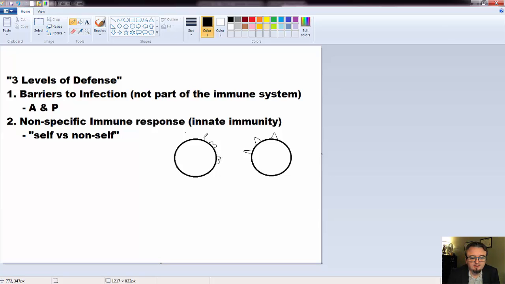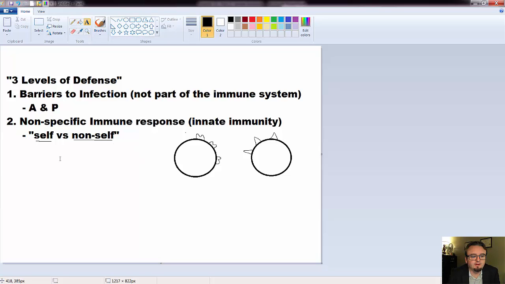Okay, and so the idea is that each different cell will have a slightly different receptor, or a series of them really. They're not actually a receptor, we call it a cell identifying marker, or an ID tag. But every cell has its own unique one, and the body will determine its own from that of foreign or non-self entities. And in this general sense, the body can differentiate itself from other microbes.